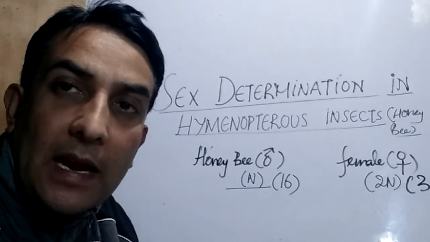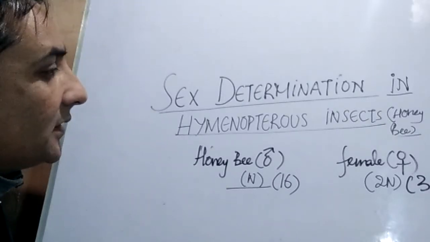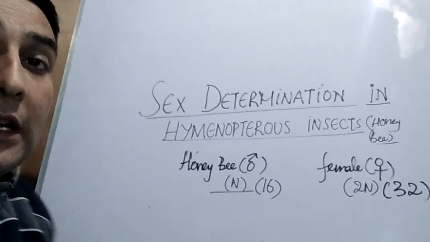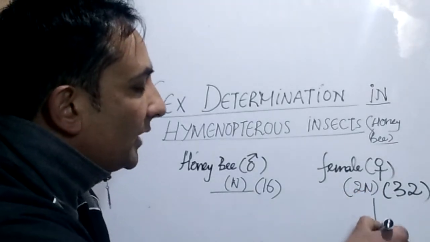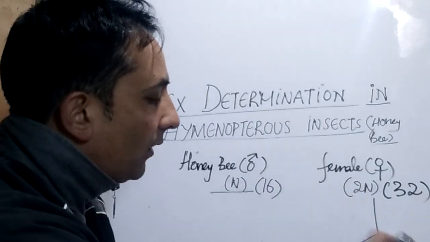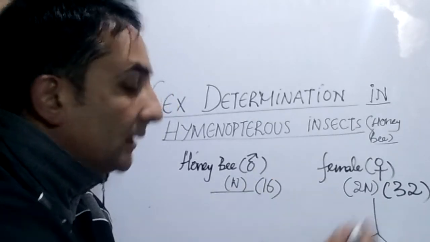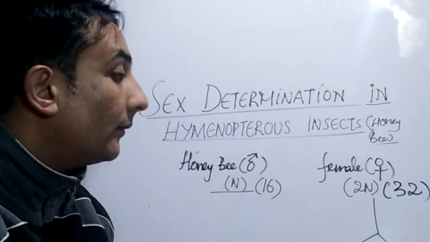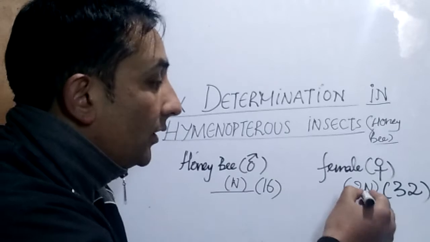Now you will see what will happen during gametogenesis. Once the gametes are formed, you will see the female has 32 chromosomes. During oogenesis, meiosis will occur. Now, what will happen in the meiosis? This is the female having 32 chromosomes.